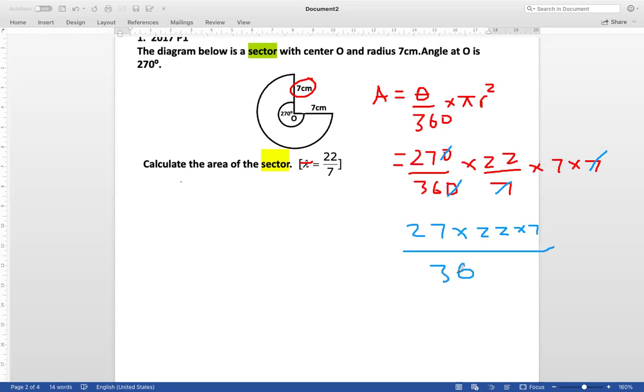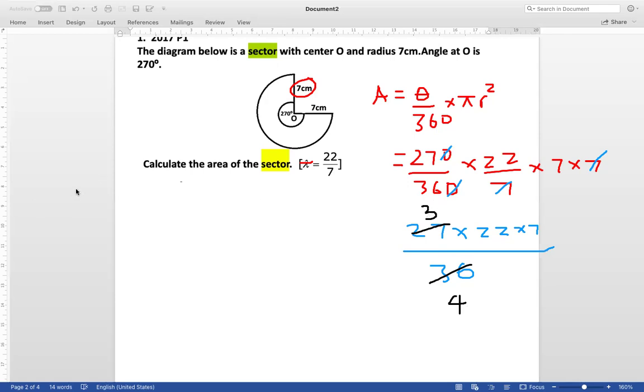So what else can we use? We can use a 9, where a 9 can go into 36 four times. 9 into 36 gives us 4. 9 into 27 gives us 3.